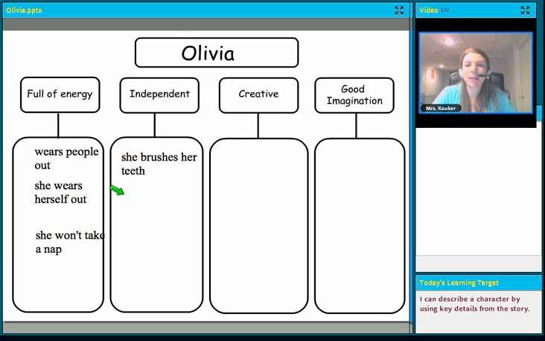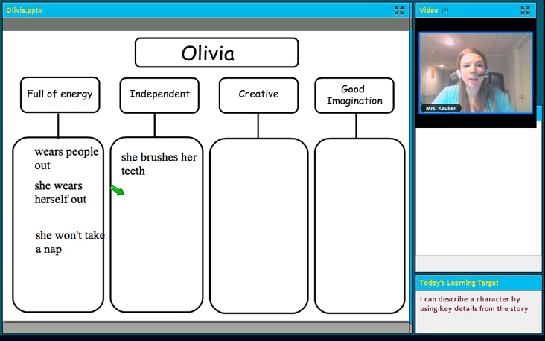How about Missy? Go ahead, Missy. When she was at the museum, she saw a picture of the paint, and when she went home, she did it. Ooh, you know what? I think we're going to use that. I think that does describe something about Olivia, and we're going to use that.